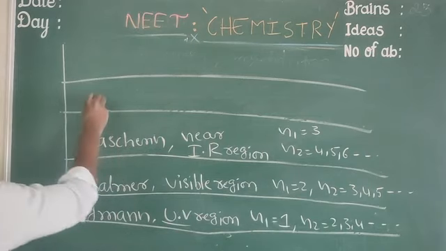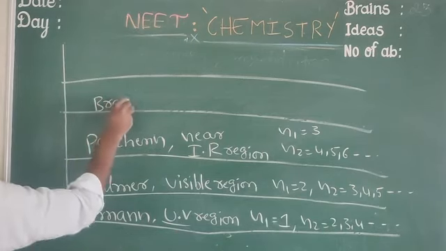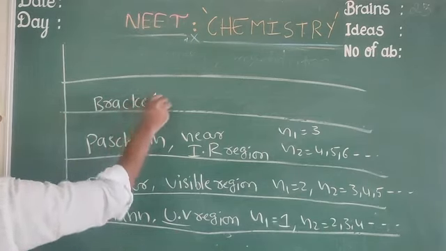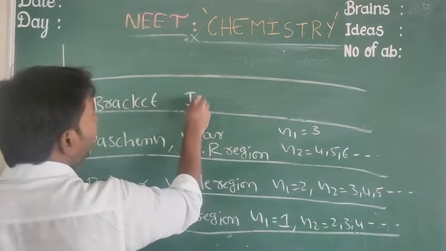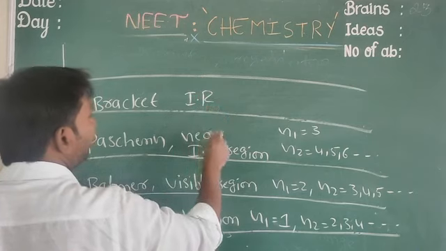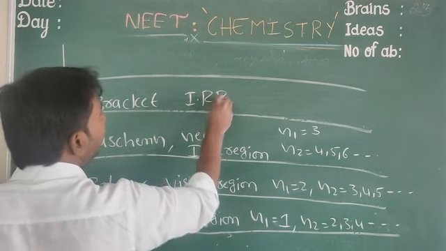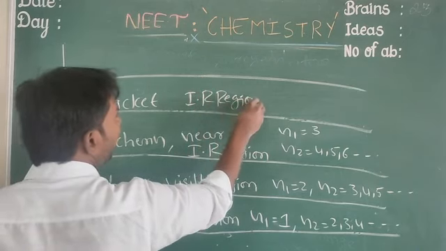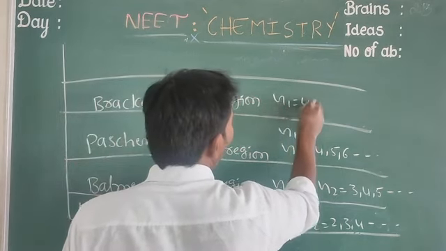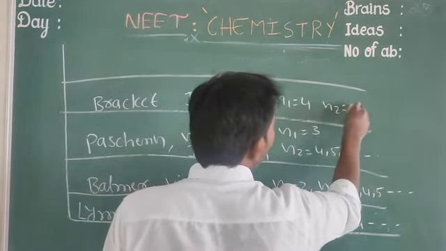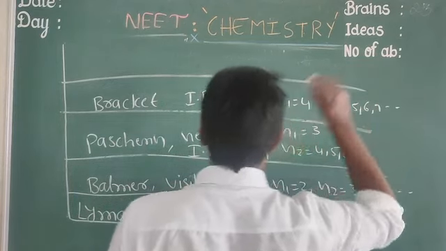Next, Brackett series. This is in the IR region, somewhat midway. Here n1 equal to 4, n2 equal to 5, 6, 7, and so on.